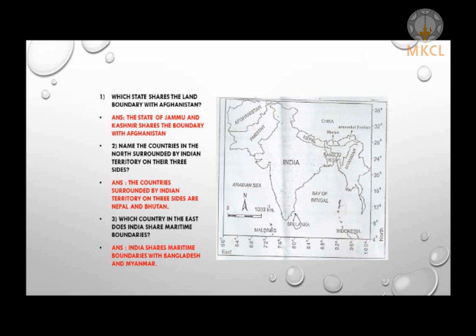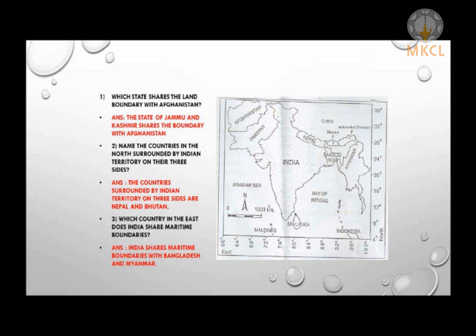What Jammu Kashmir? The answer is not understood because you have not written the question. So that is why you might lose your marks and get only half mark over here. Where your answer is correct, you could have scored full 1 mark, but you have not written it in complete sentence. So that is why you have to write the answer as the state of Jammu and Kashmir shares the boundary with Afghanistan.